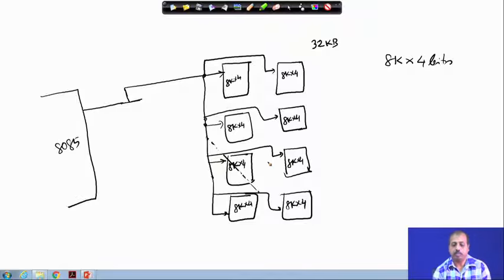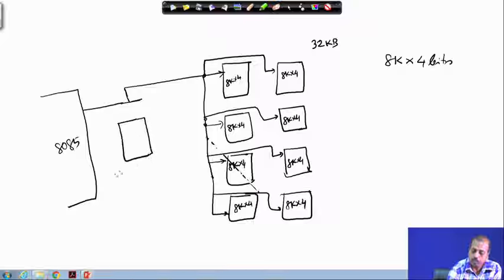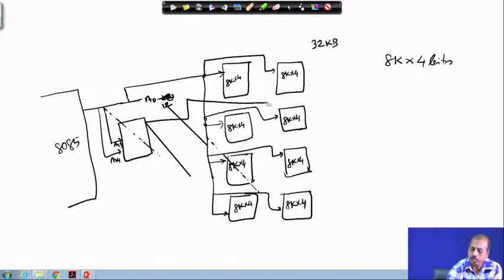So, these address lines A0 to A12 are connected, and then if this is my decoder, then A13 and A14 feed it, and from this I generate the decoder signals.